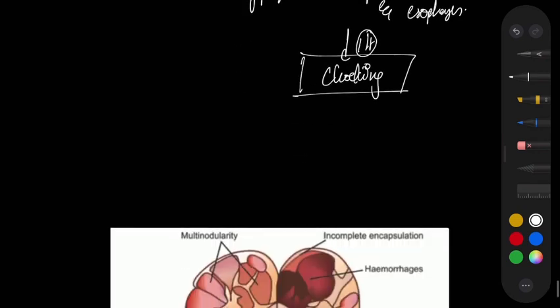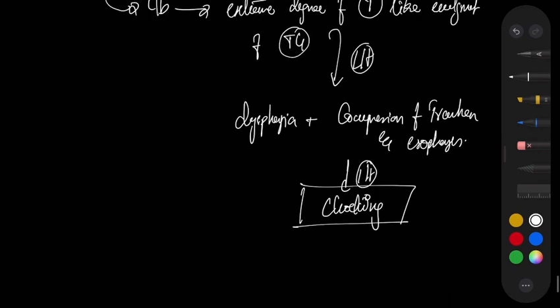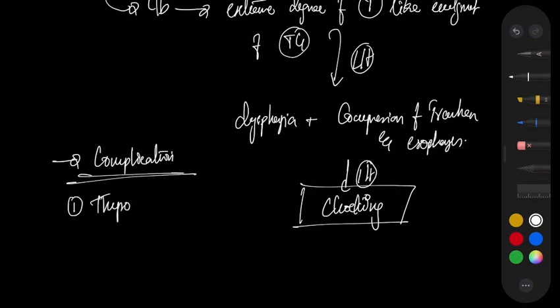Coming to the complications, the complications for your nodular goiter are thyrotoxicosis and Plummer's disease.